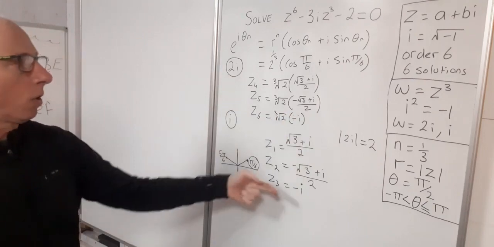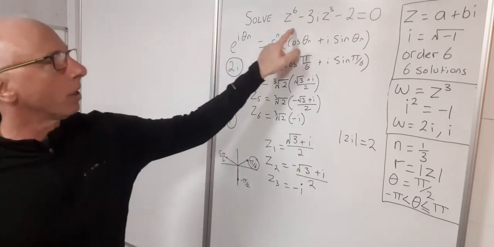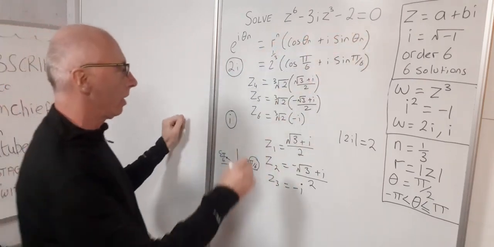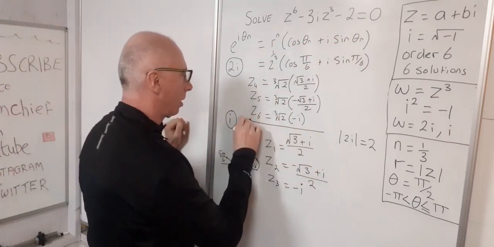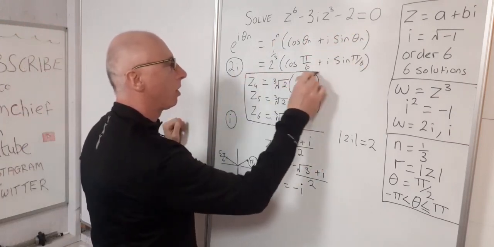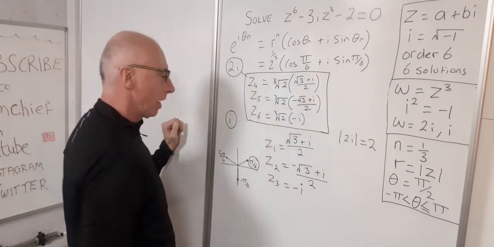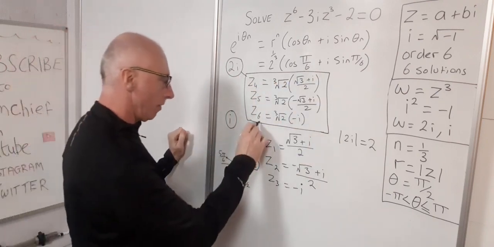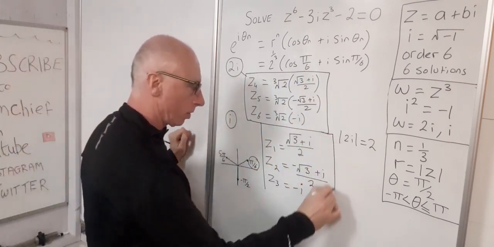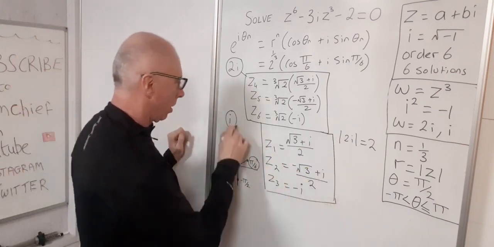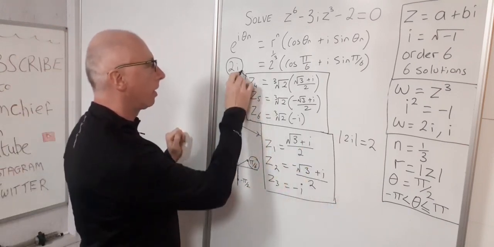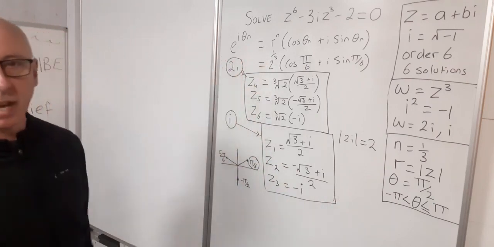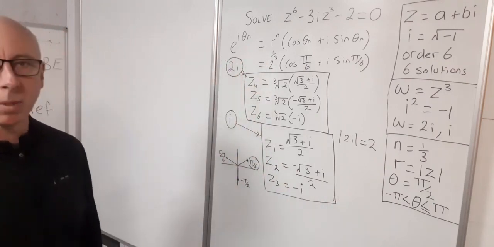That gives me all 6 of my solutions to this polynomial. My first 3 are here when dealing with i, and when dealing with 2i, I've got these 3 solutions. Okay, and that takes care of the solutions for this polynomial.